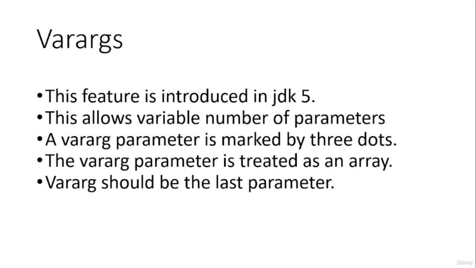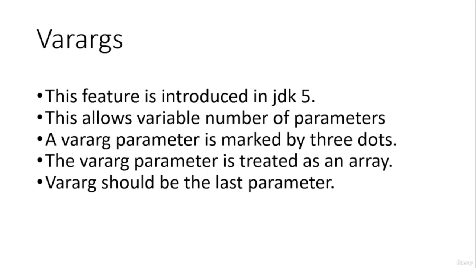That parameter will be considered a variable argument parameter, and we can handle it the way we handle an array. There will be no issues. This is a requirement that was introduced later, which is very helpful.